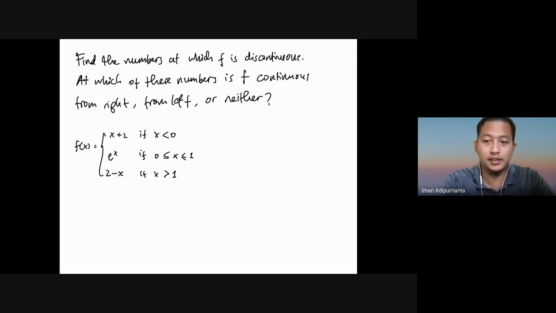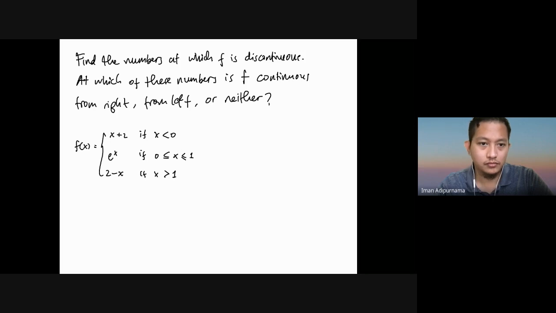Okay, that's the initial question. You can try for a few minutes, and you can also draw the graph if you want.